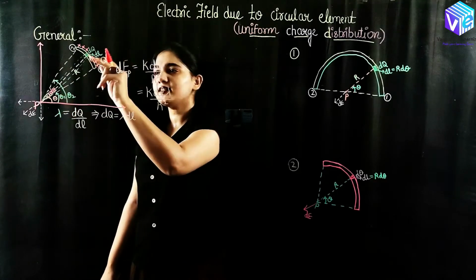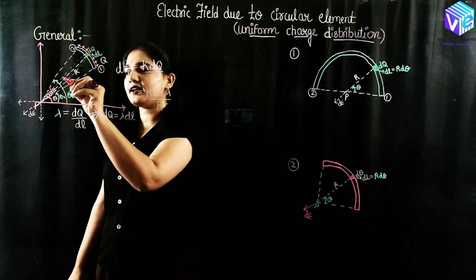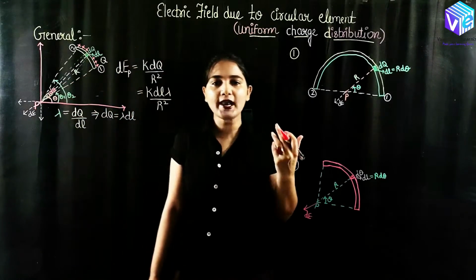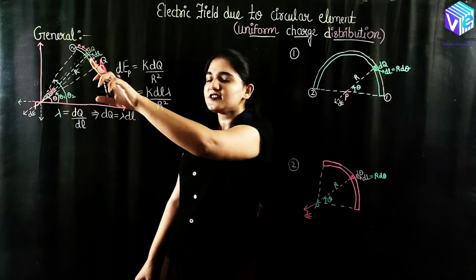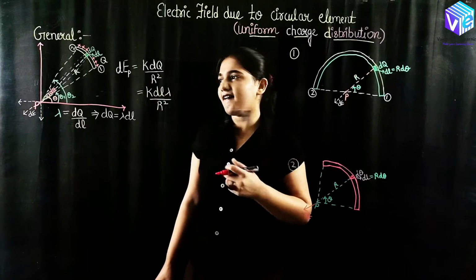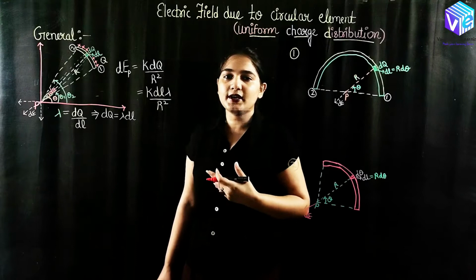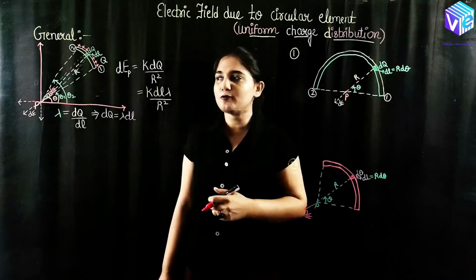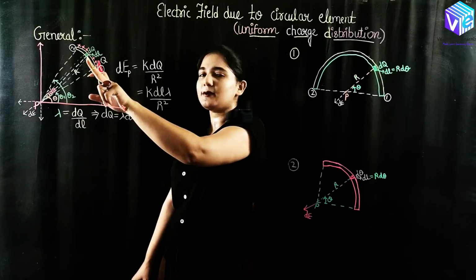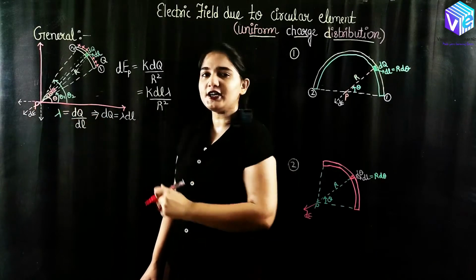For this small element, the small angle variation is d theta. For the circular ring I have taken the radius to be r, so this distance is r from the point P.